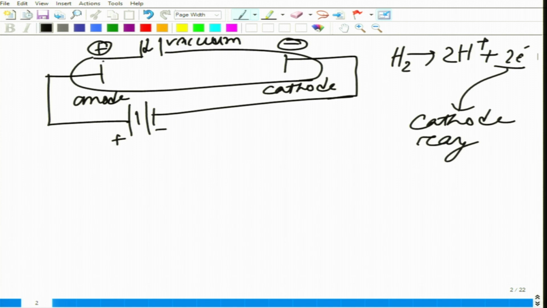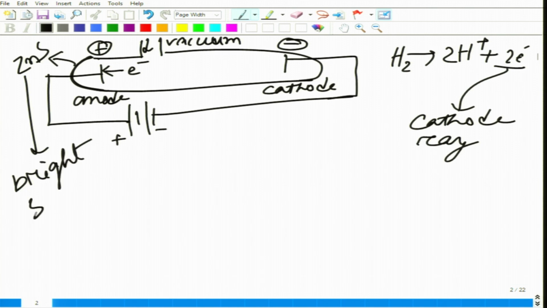Since electrons are negatively charged, they will move towards the positive electrode. In this case, the anode was perforated and the back wall was coated with a fluorescent compound which was zinc sulfide, and when the electron moved through the anode and hit on the zinc sulfide wall, a bright spot was seen.